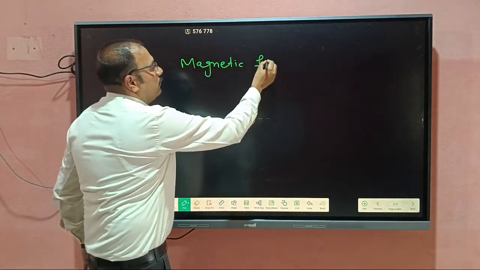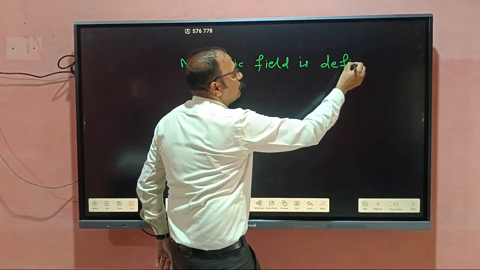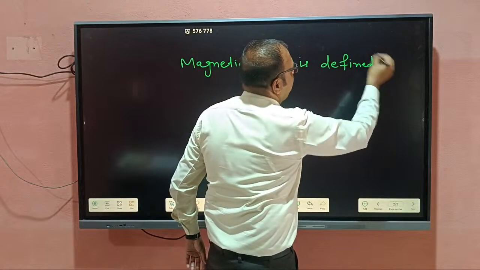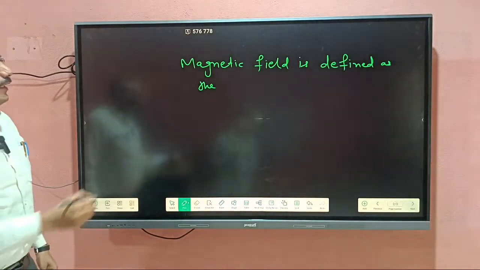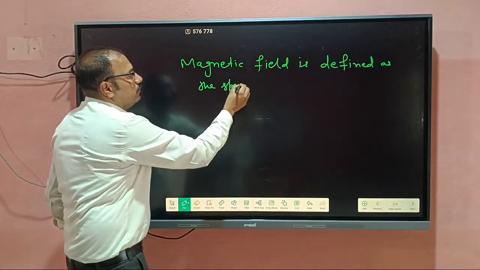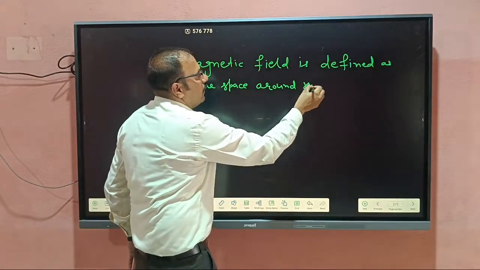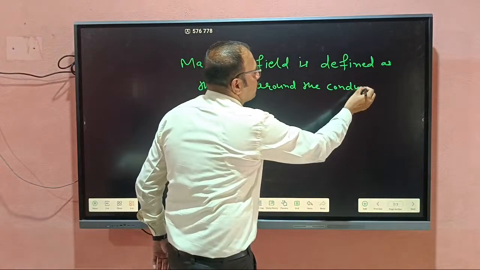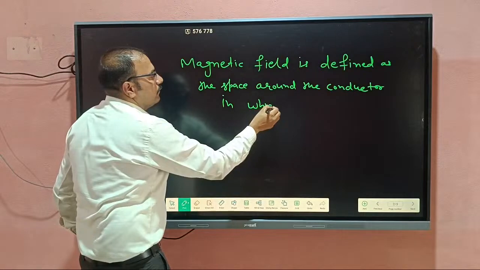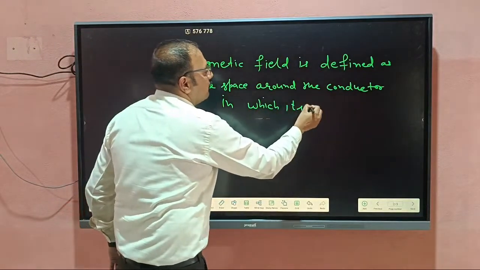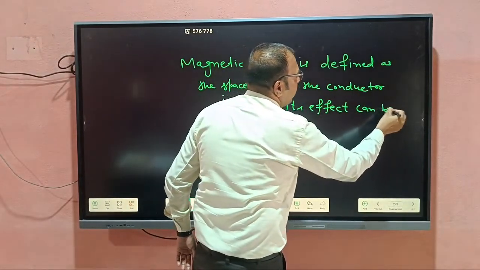Magnetic field is defined as the space around the conductor in which its effect can be felt.